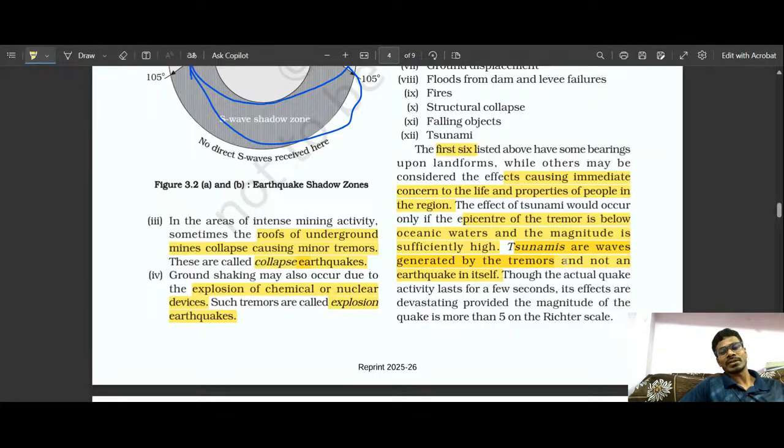Though the actual quake activity lasts for only a few seconds, because an earthquake doesn't take a minute or 2 minutes or 10 minutes, just a couple of seconds, its effects are devastating provided the magnitude of the quake is more than 5 on the Richter scale.